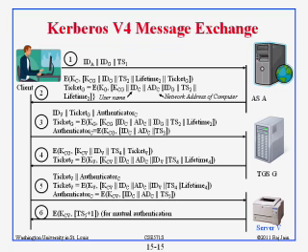Then it sends a short-term ticket, again consisting of two parts. One is a short-term ticket which can be used with the server, and a new key that can be used with the server. So read carefully. This message is encrypted with what key?